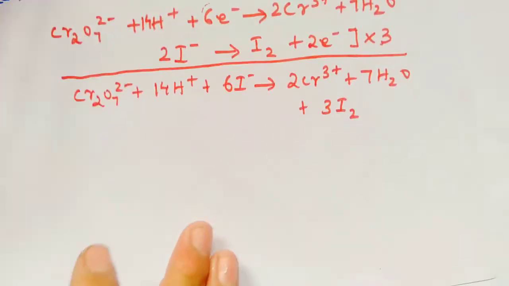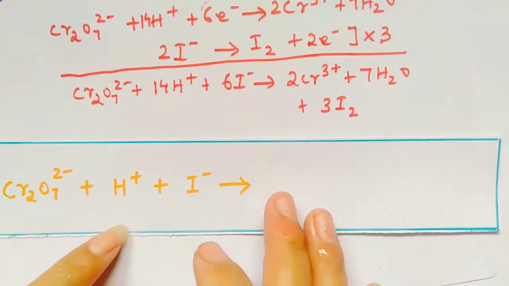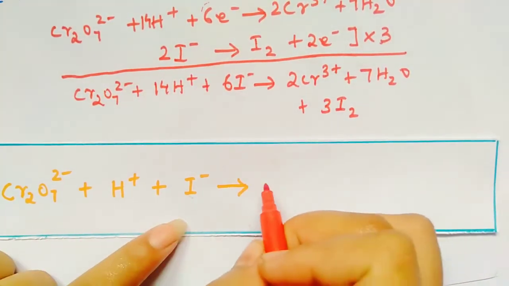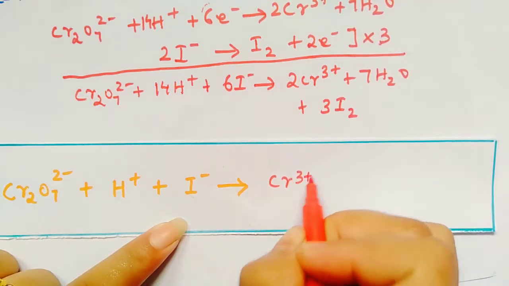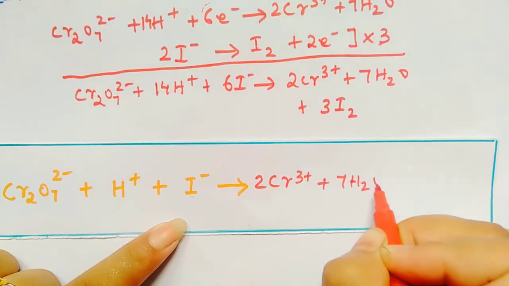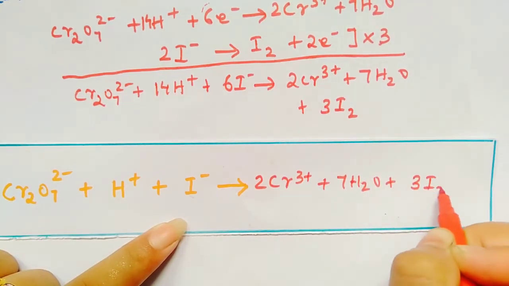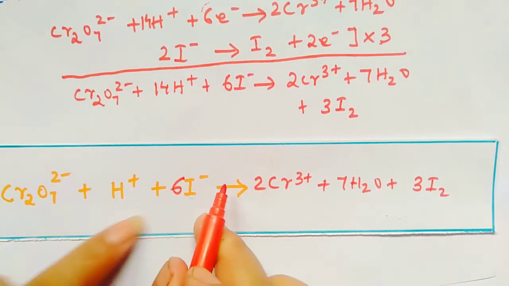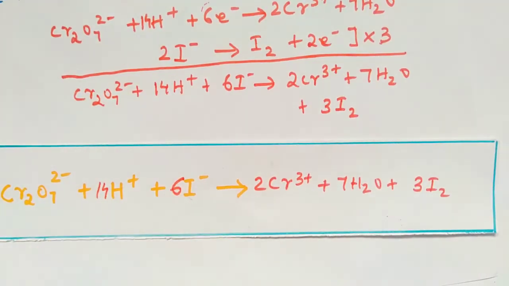So what are the products? I'm writing it here: 2Cr3 plus, 7H2O, 3I2, and here you have 6, here you have 14.